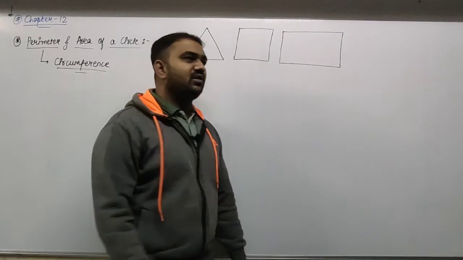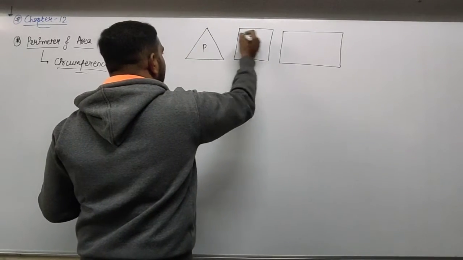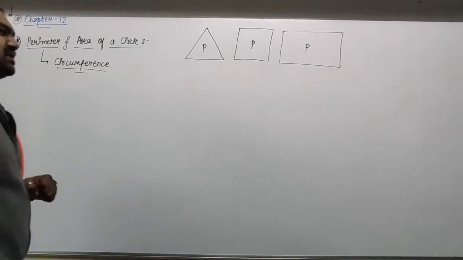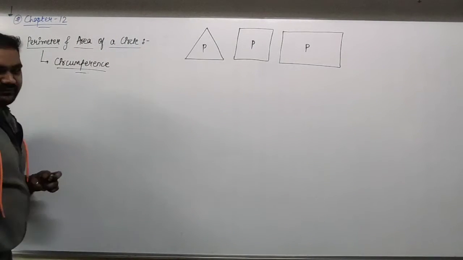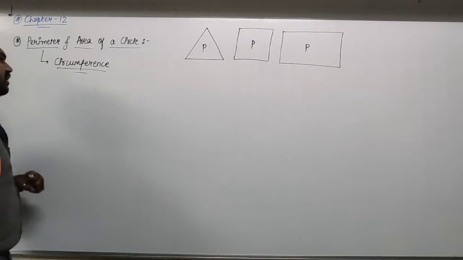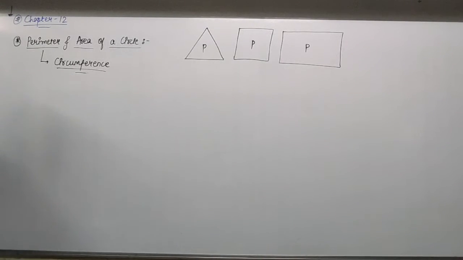No, we always call them the perimeter of the triangle, square and rectangle. But sometimes we call it the perimeter of a circle. Usually we call it the circumference of the circle only.